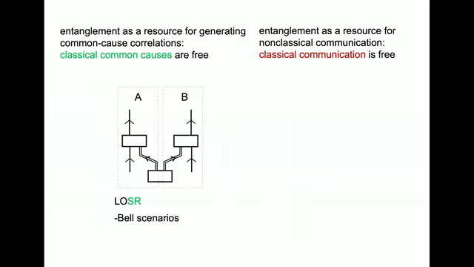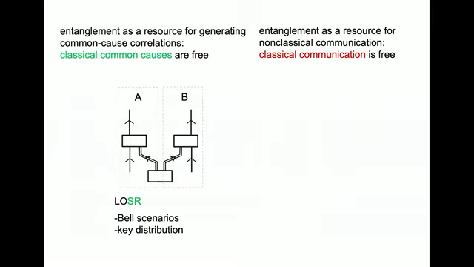And in this context, you can see the relevant features of the situation that determine which resource theory you should use. So if you're trying to study entanglement as a resource for generating common cause correlations, then you would allow classical common causes for free. So for example, if I'm in a Bell scenario where I have spacelike separation, there's no sense in which classical communication is going to be free, because that would violate the relativistic assumption that things are at spacelike separation.